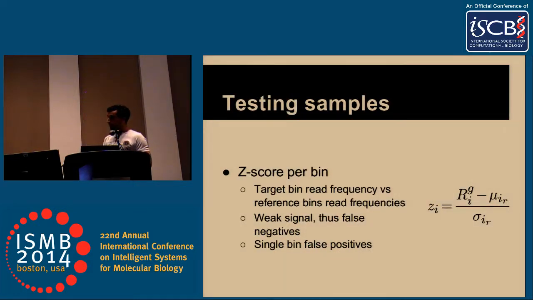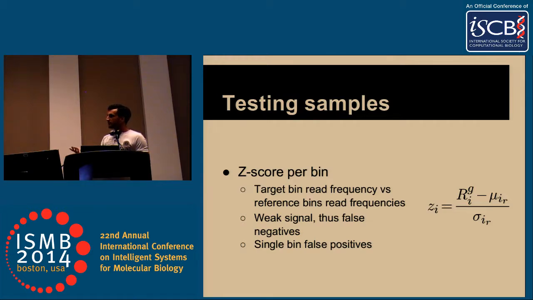So next up we can start testing samples, and to do this we take every target bin in the test sample. We collect the values in the set of reference bins for this target bin from the same sample, and we compare the value we found to the set of reference values within the sample.